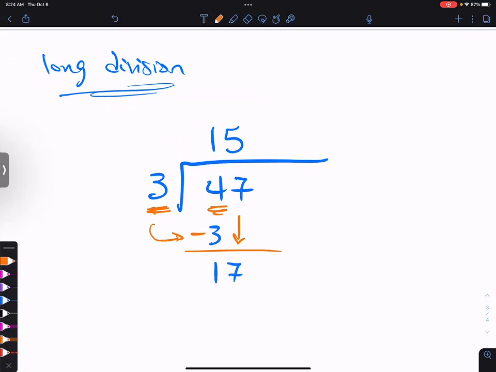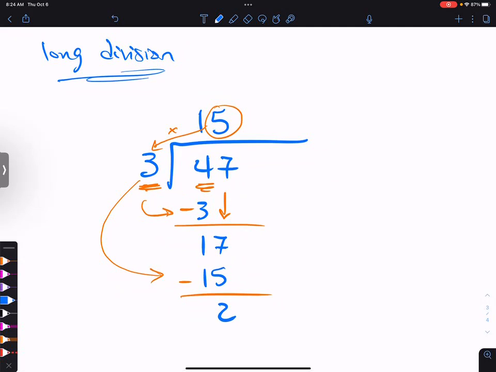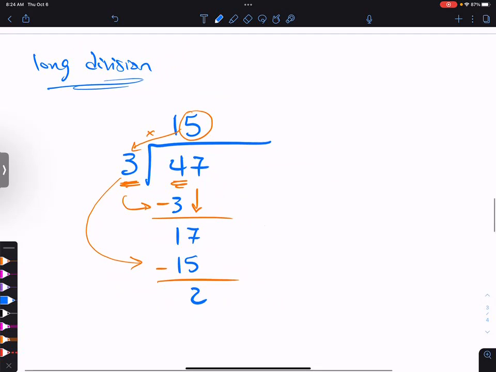And then we do this again, right? I multiply, I bring that down. 3 times 5 is 15. We subtract. 17 minus 15 is 2. There's nothing left to carry down, and I'm not going to get into decimals and stuff. So this is the remainder then.